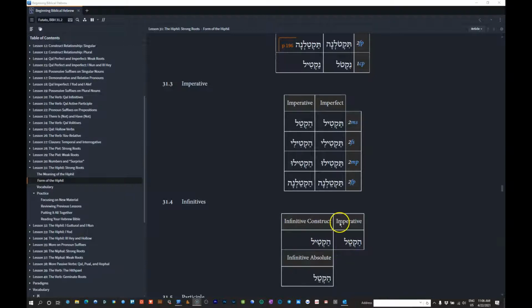Maybe you could say the imperative has the sere. That might be a way to keep it in mind. The imperative has the sere. And then also remember that the infinitive construct and the infinitive absolute have to have some way of distinguishing each other. And so the infinitive absolute looks like the imperative here.